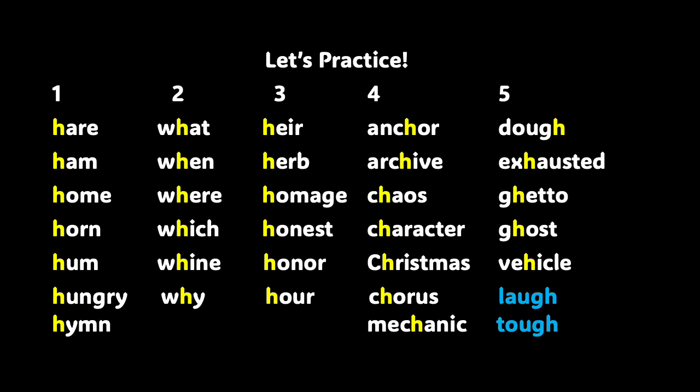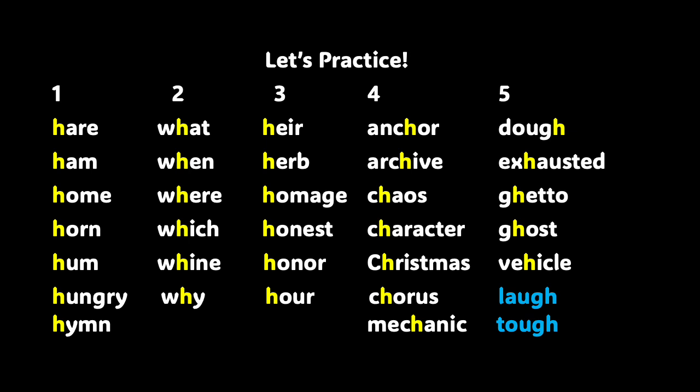What, when, where, which, wine, and why. Good job. All of those words have the H, but you don't hear it. Column 3 also has the silent H at the beginning.